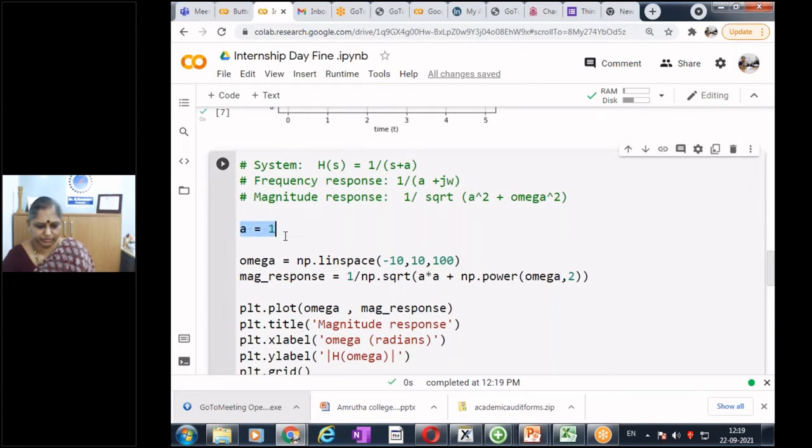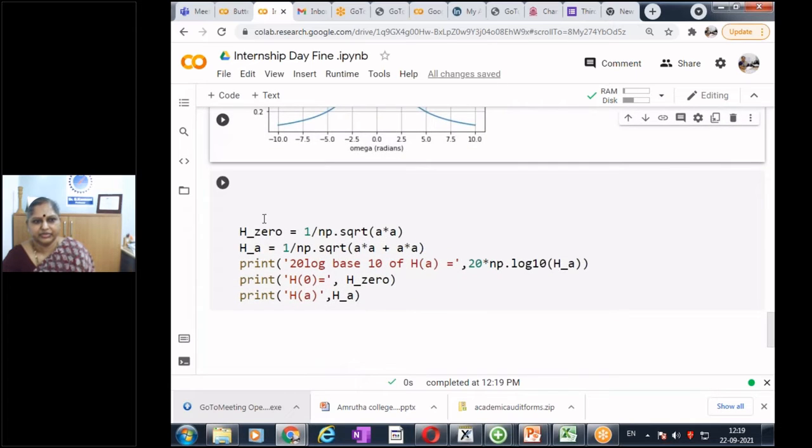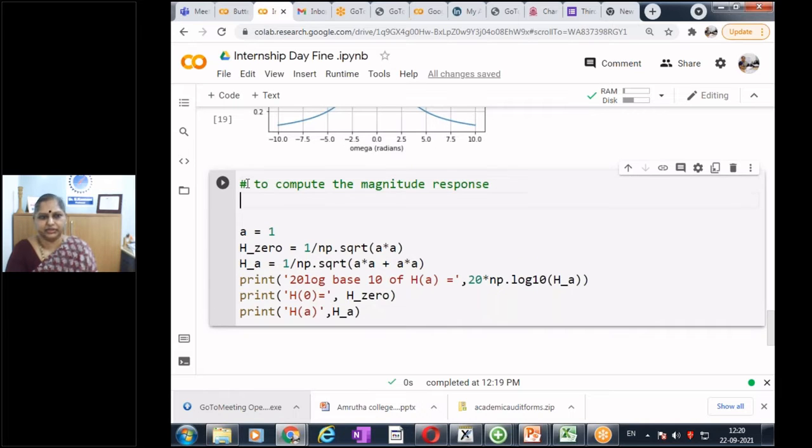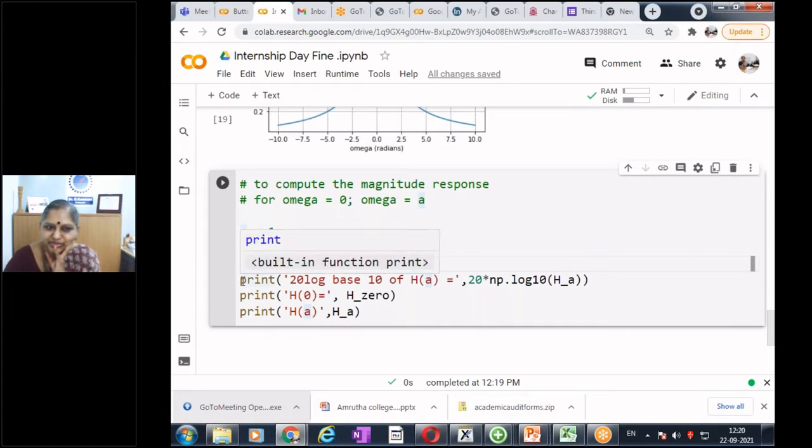Let me put a equal to 1. So here what we are trying to do is to compute the magnitude response for omega equal to 0 and omega equal to a. So this is the response. I will remove this also.